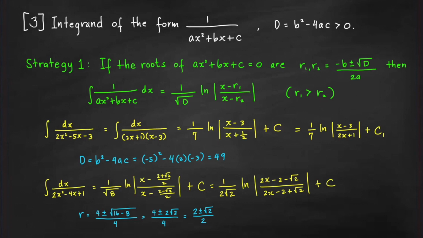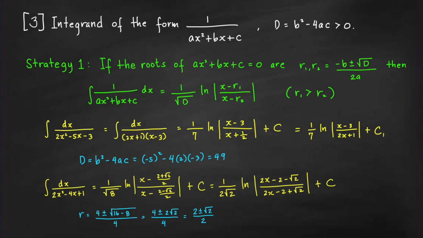For example, if you have the integral of dx over 2x squared minus 5x minus 3, the discriminant here is negative 5 squared minus 4 times 2 times negative 3, which is just 25 plus 24, so that is equal to 49. It is greater than 0, so we can use this technique.